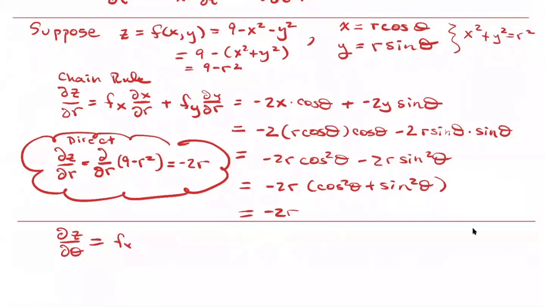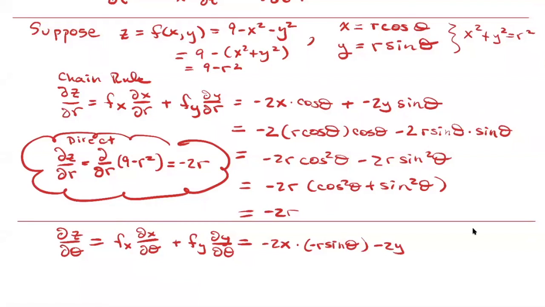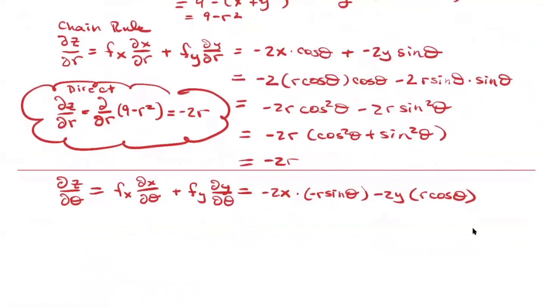So this should be f_x partial of x with respect to theta plus f_y partial of y with respect to theta. So f_x, as before, is negative 2x. Partial of x with respect to theta would be negative r sine theta. And then f_y is negative 2y. And then the partial of y with respect to theta is r cos theta. Then now you start doing your substitutions.